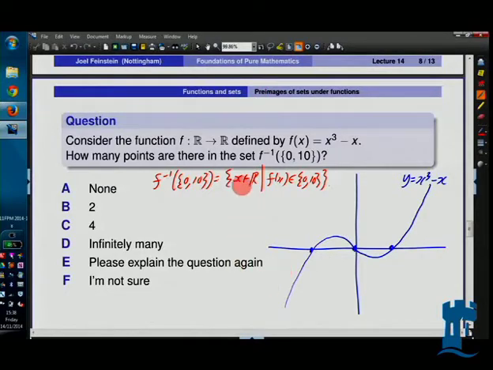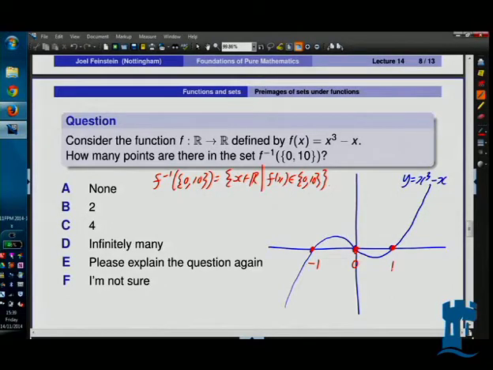Okay, so the question is, how many real numbers are there so that f of x is either 0 or 10? Right? Now, I've shown you the 3 where you get naught. And we know that's minus 1, naught, and 1. And those are the points where f of x is equal to naught.